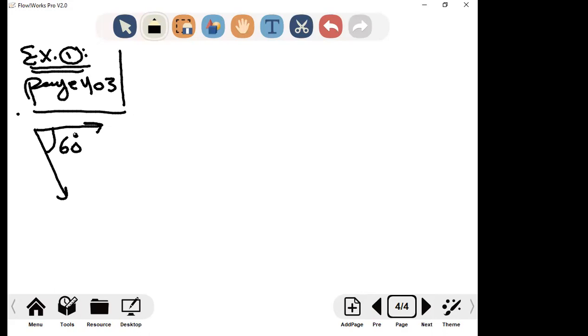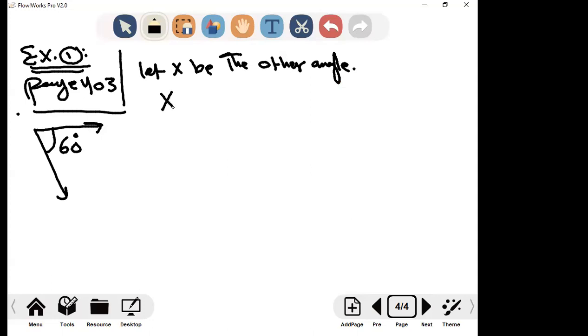Let x be the other. We need to make equations, okay? So let x be the other angle. Now, the question wants these two angles to be complementary. It means if you add these two angles, the answer should be 90.